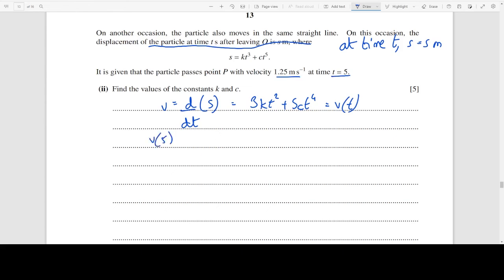So v of 5 is equal to 1.25, which is 3k times 5² plus 5c times 5⁴, so 1.25 equals 75k plus 3125c. This is the first equation, and we'll have to somehow find another equation.